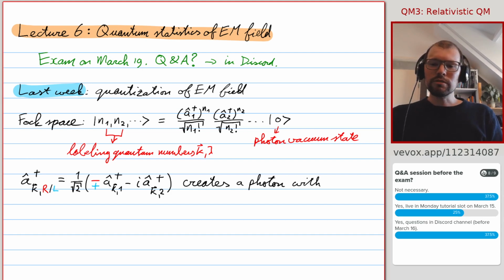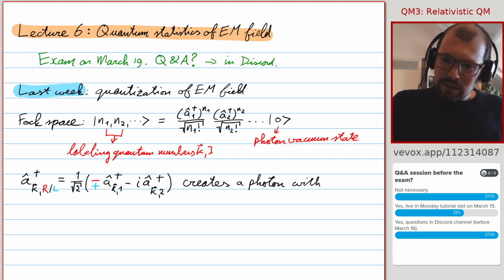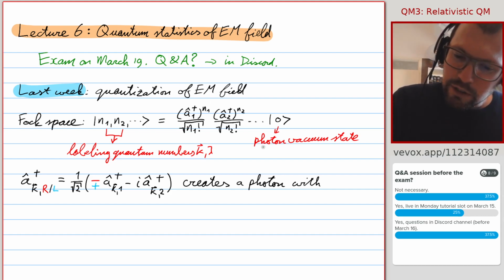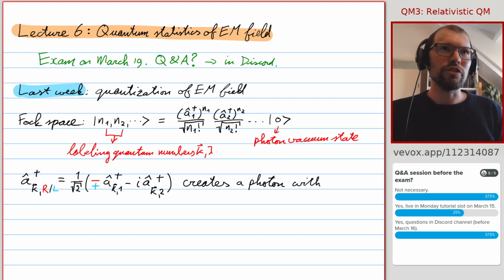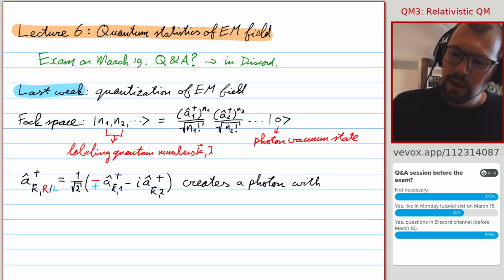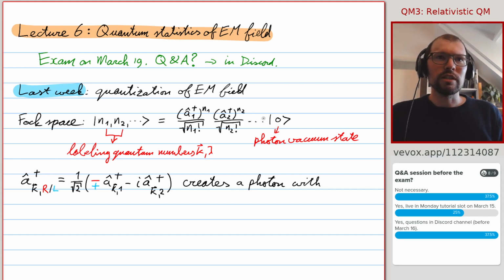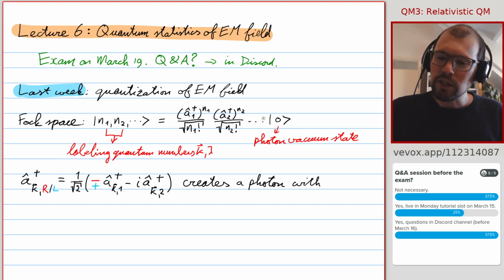So what was the result of this? Well, the result was that we constructed this Fock space, or we just used the Fock space that you constructed in the first half of this course. So we stipulate the existence of a photon vacuum state where there are really no photons present.